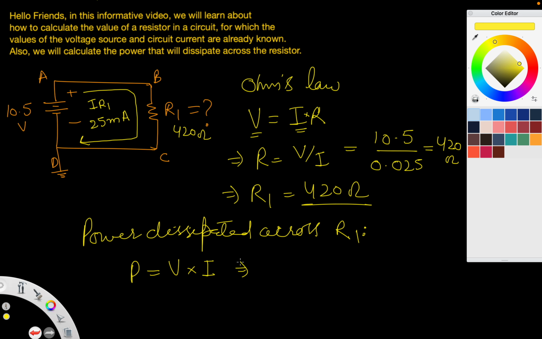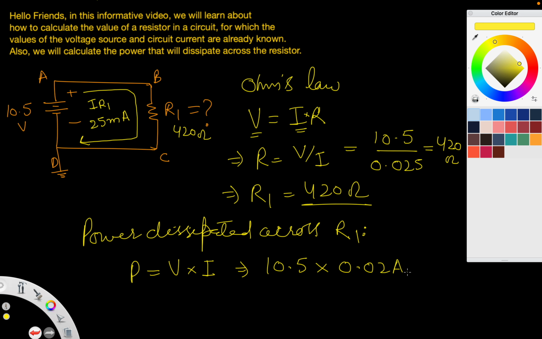Let us substitute the values. Voltage is again 10.5 volts, and the current flowing through the circuit is 25 milliamperes, so it's 0.025 amperes.